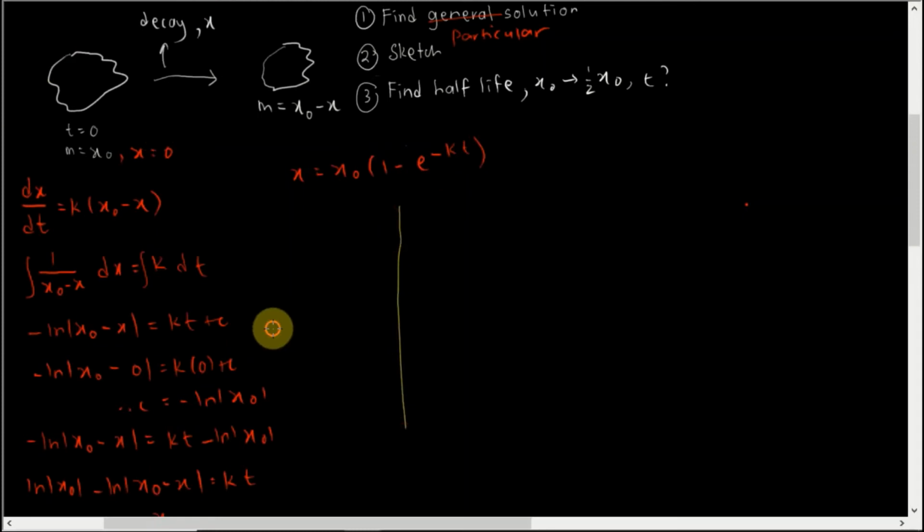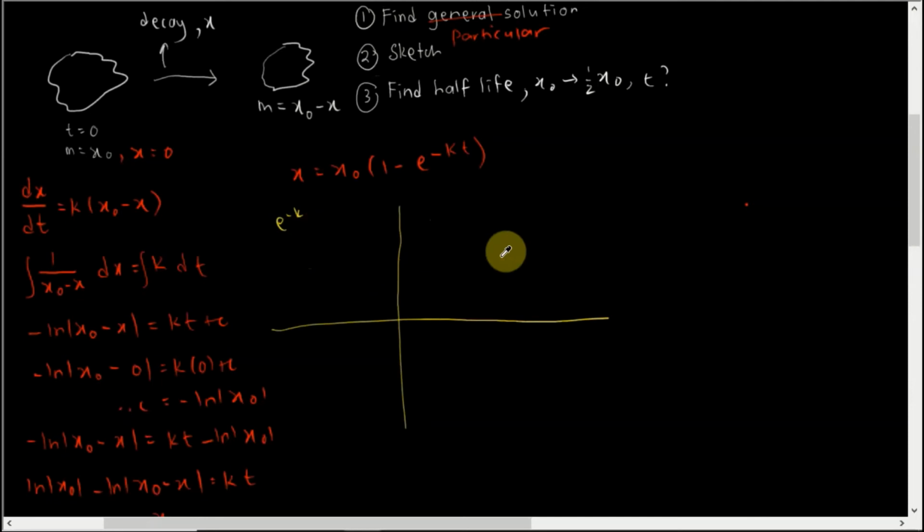if you want to sketch, we know that normally e^(kt) looks like this. But if I want e^(negative kt), it means it is like this.